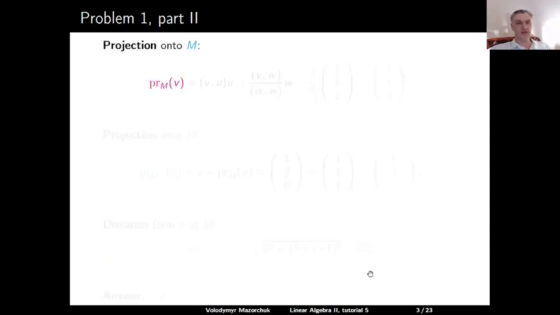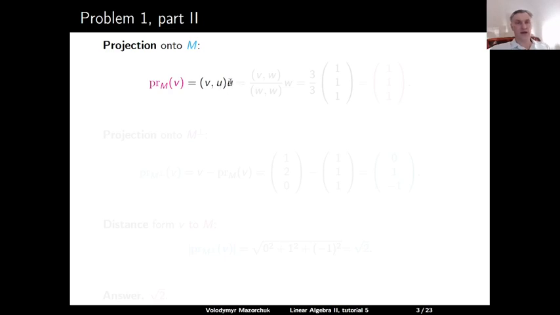Now, to determine the projection onto M, we can just apply the standard formula. We have an orthonormal basis in M, so the projection of the vector V onto M is equal to the sum of the orthonormal basis elements with the coefficient, the scalar product between our vector and the element.